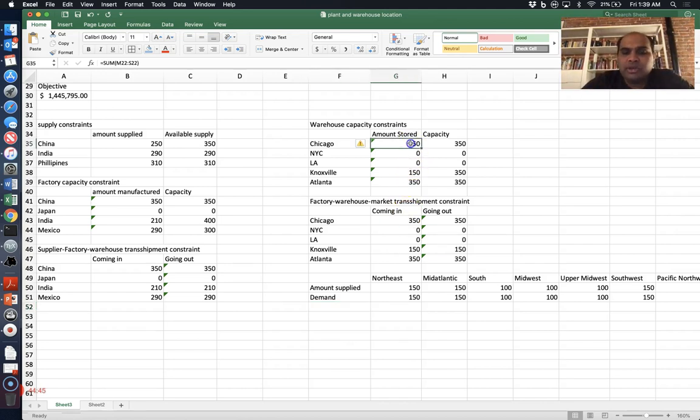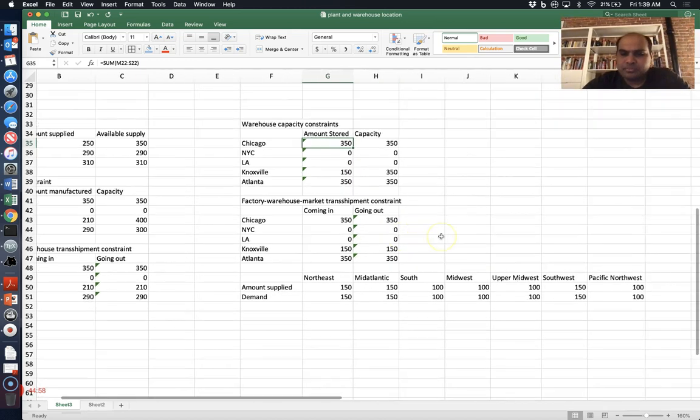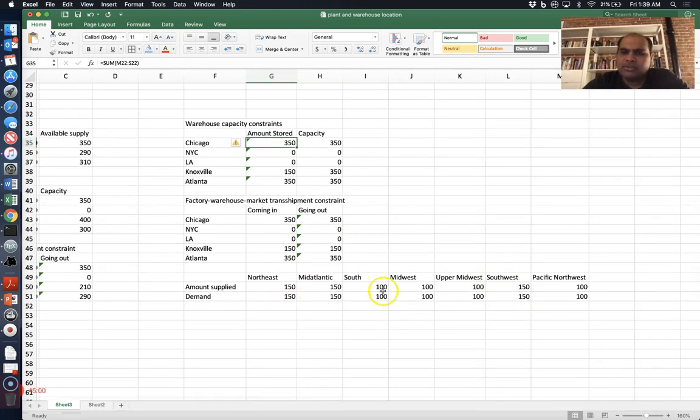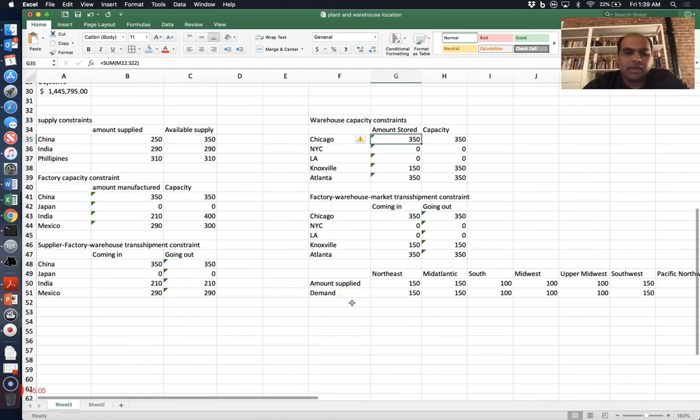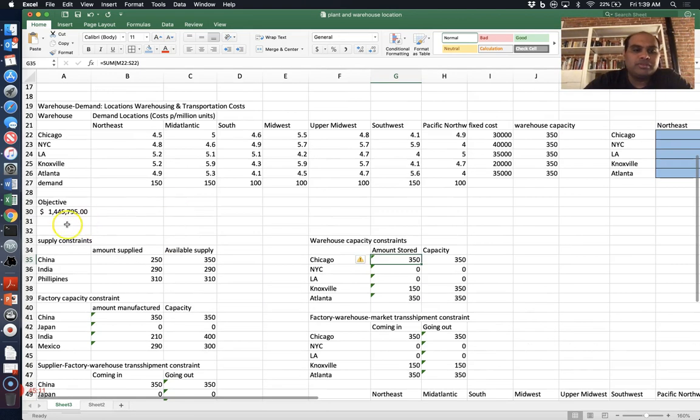And capacity wise, we are using up all the capacity in the Chicago warehouse. We are using all the capacity in the Atlanta warehouse, but we have 200 million units of capacity available in the Knoxville warehouse. That's what you have. And finally, all demand is satisfied in all the different regions. Obviously, that was going to happen because total supply is more than total demand, so all demand will get satisfied.